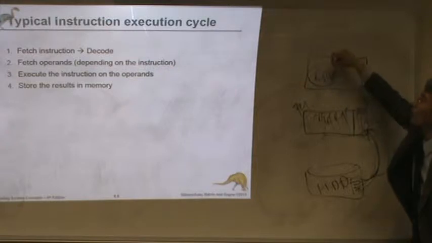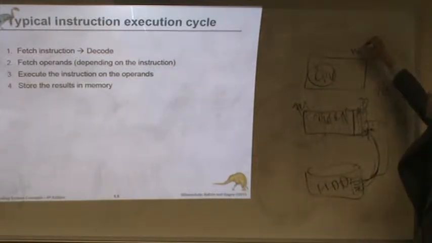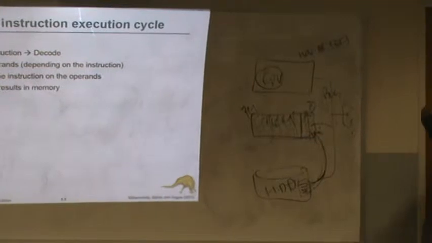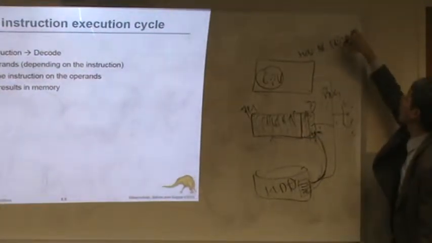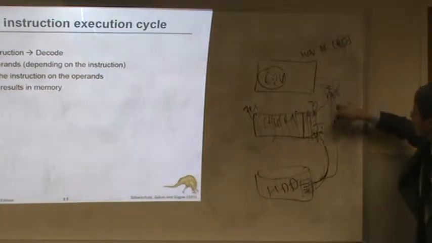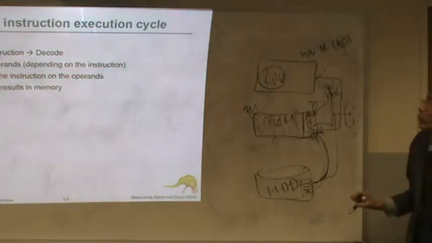Then the CPU needs to access the instruction, for example, move AX, like the BI. The data in the memory at BI will be accessed through the address bus.